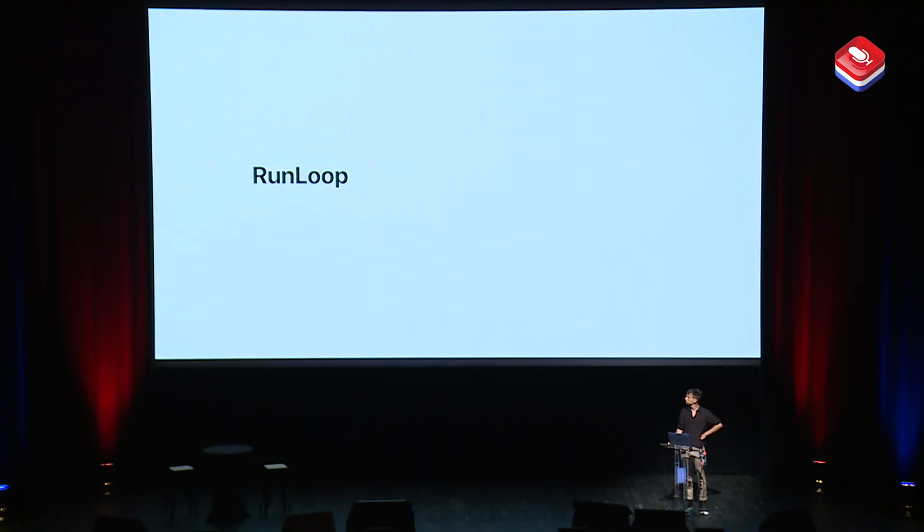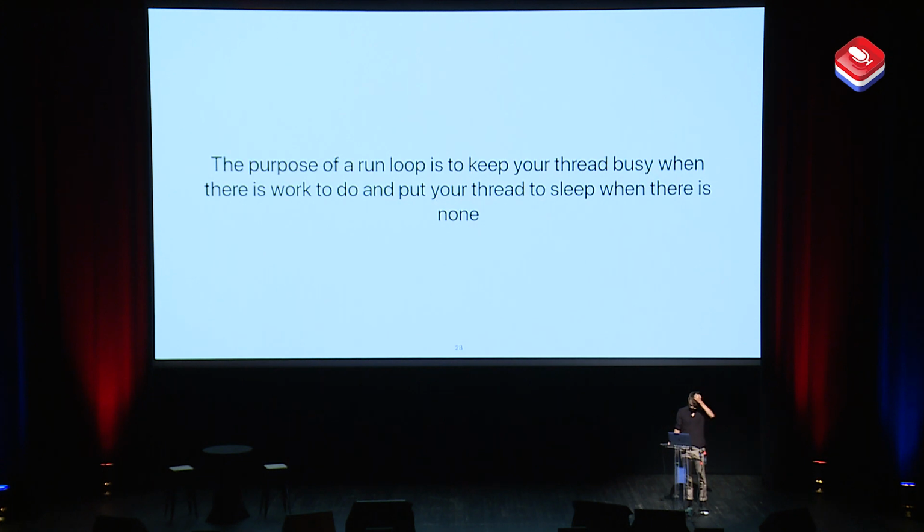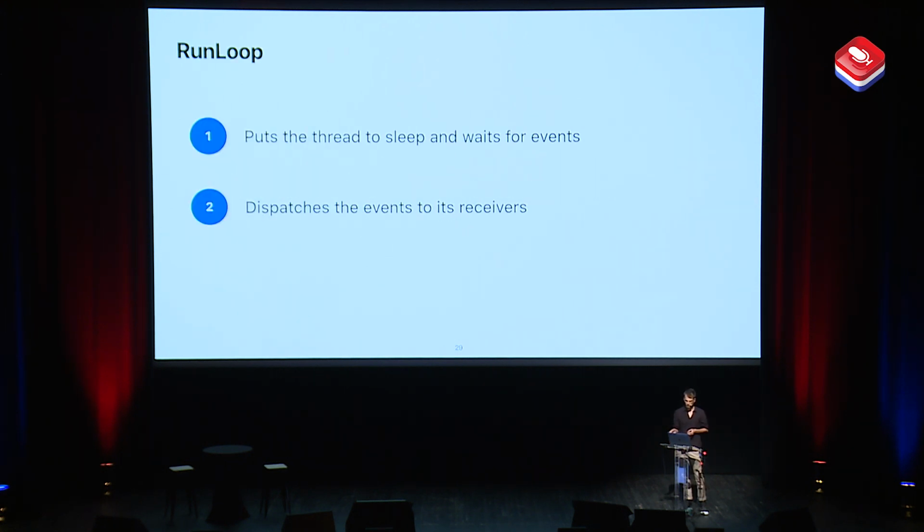So what's a run loop? Well, a run loop does exactly what we are looking for. It keeps a thread busy only if needed. And to do so, it mainly does two things. First, rather than polling, it waits for an event and puts the thread to sleep when doing so.